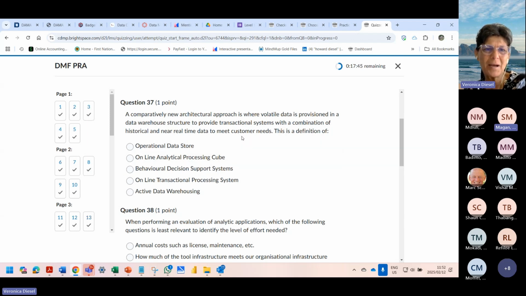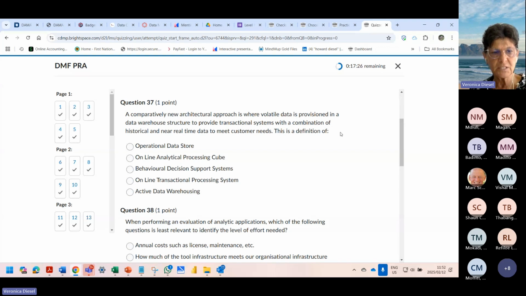This was a DMBOK 1 question. Remember, DMBOK 1 was published in 2010. A comparatively new architectural approach, now 15 years old, where volatile data is provisioned in a data warehouse structure to provide transactional systems with a combination of historical and near real-time data to meet customer needs.